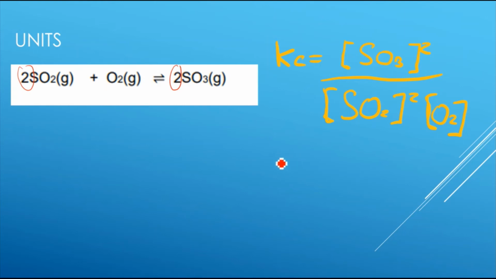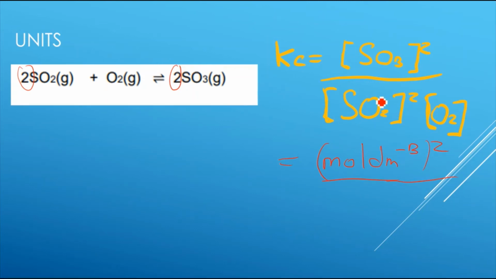Because I know all of the concentrations are in moles per decimeter cubed, I can just write that down. For the products, it has moles per decimeter cubed, and because it's to the power of 2, I put that to the power of 2.